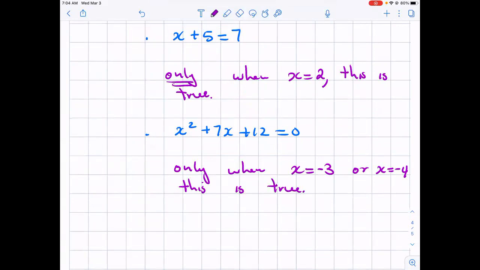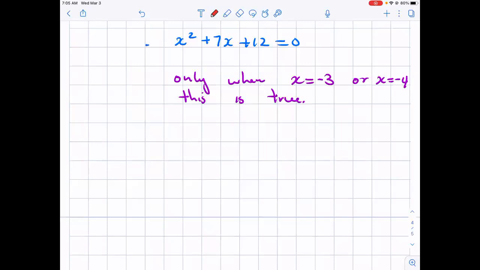These are the only two times this is true. So you may want to look at this and see when it's conditional, and you're accustomed to this because you generally solve when you have an answer. Another case we have is what is called a contradiction.